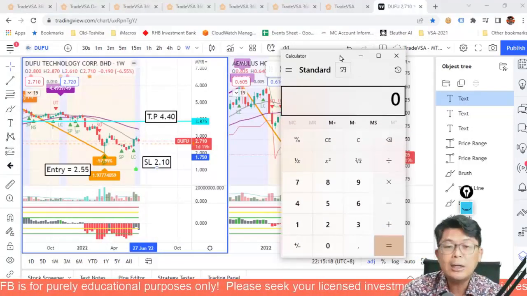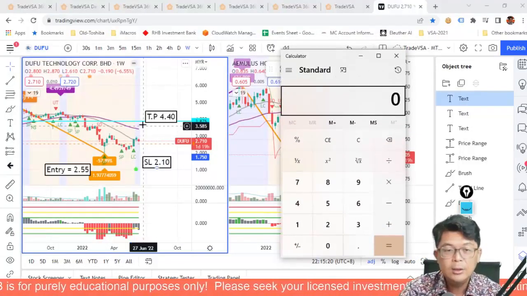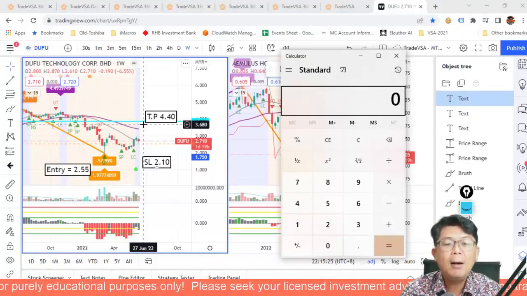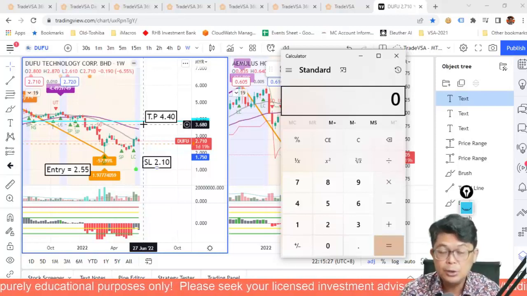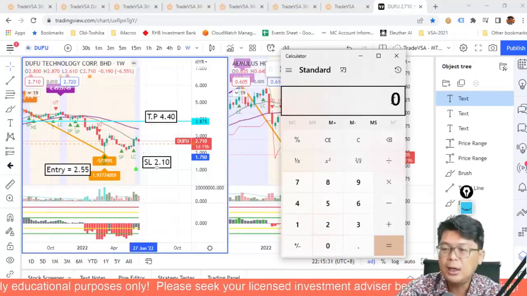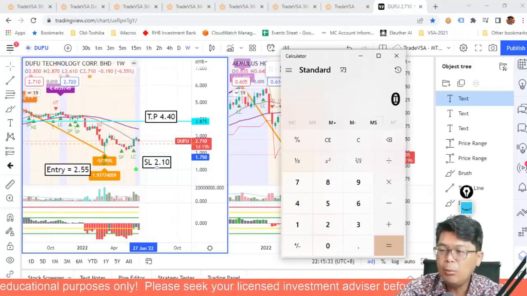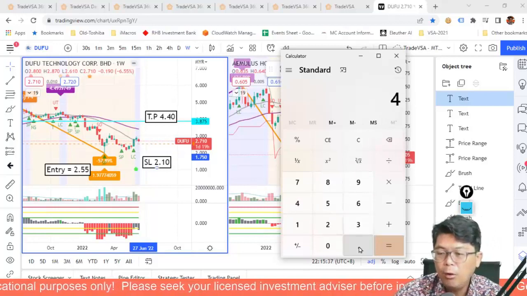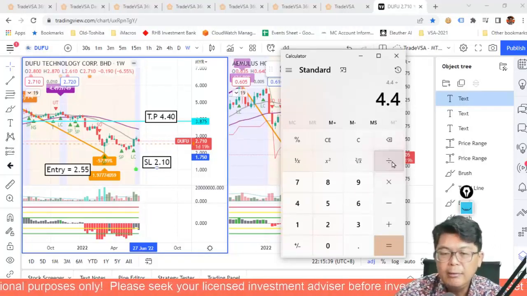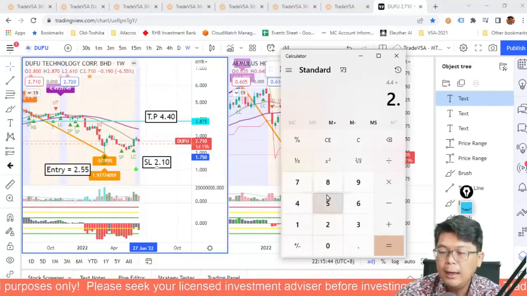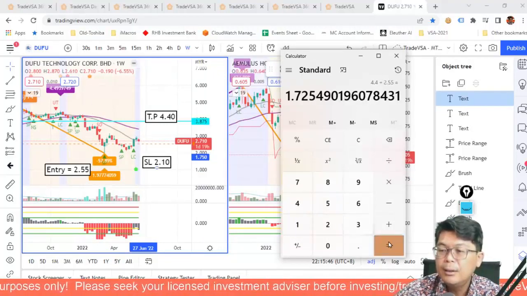Okay, so our mathematics, we want to calculate the reward to risk. Now in Pentagon Guided, if the market does come back, it has about a 65 to 75% chance of winning this trade. So usually we take the target of 4.40 and the entry at 2.55.